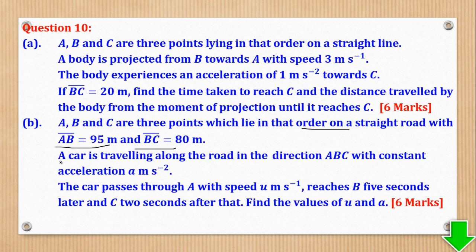A car is traveling along the road in the direction ABC with acceleration a meters per square second. The car passes through A with a speed U, reaches B 5 seconds later, and C 2 seconds after that. Find the values of U and a.